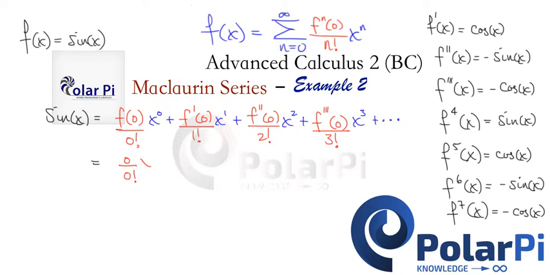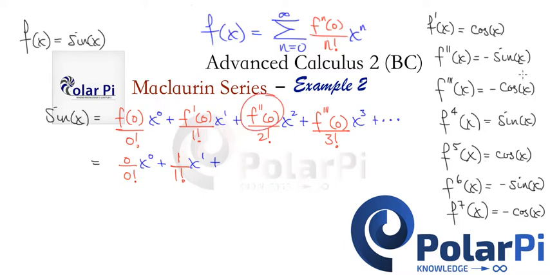Plus, this here is the first derivative of sine evaluated at 0. That's cosine of 0 then, and cosine of 0 is 1. So we have 1 divided by 1 factorial, and then times x to the first, and then plus, and then you get it.